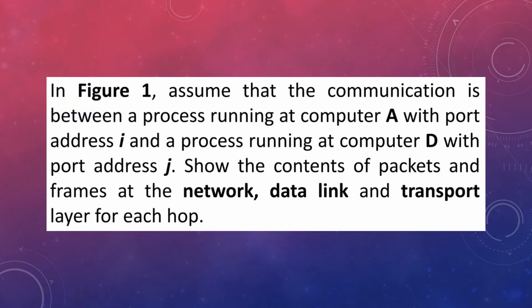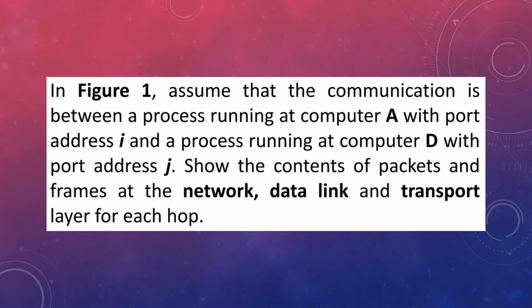In figure 1, assume that the communication is between a process running at computer A with port address I and a process running at computer D with port address J. Show the content of packets and frames at the network, data link and transport layer for each hop.